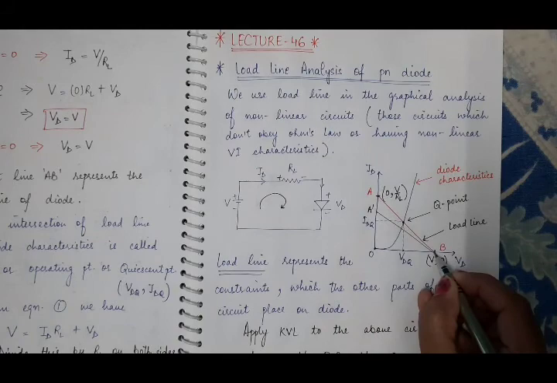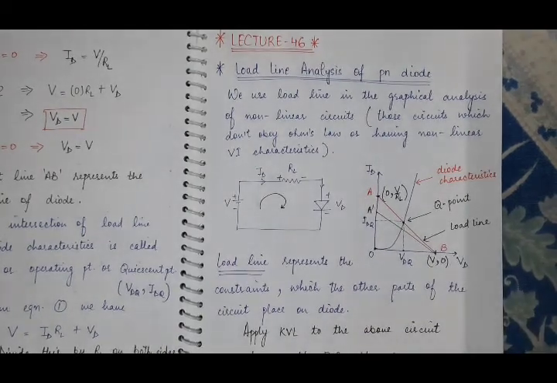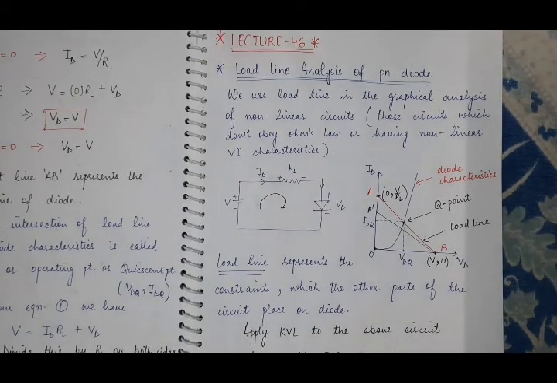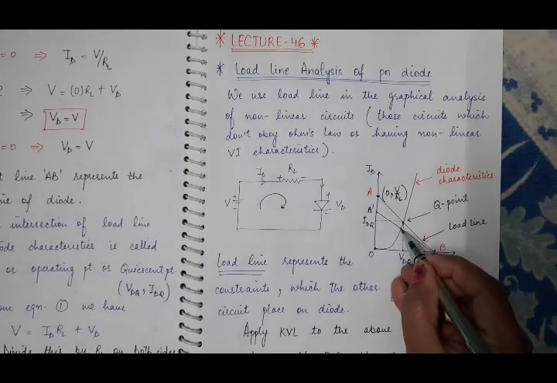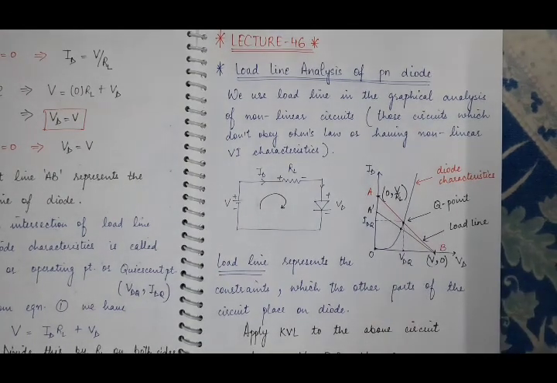AB will be the new load line, and you can clearly see that on changing the value of RL, if you increase RL, then m will decrease, meaning the slope will decrease. So when the slope decreases, the load line AB will change to A'B', and you can clearly see that it has shifted our Q point from this position to this position. This is our new Q point.